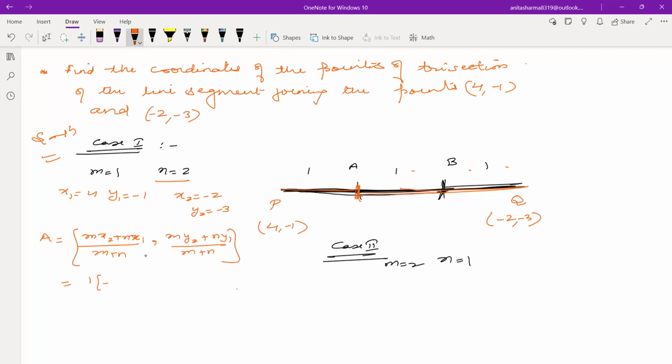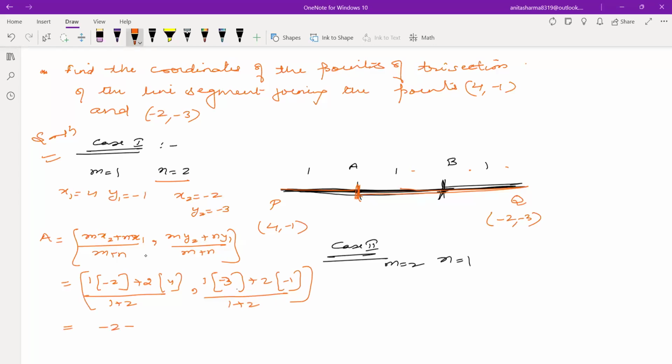Now put the values here, beta. 1 into x2, which is minus 2, plus 2 into x1, which is 4, divided by 1 plus 2, comma, m is 1, y2 is minus 3, n is 2, y1 is minus 1, upon 1 plus 2.